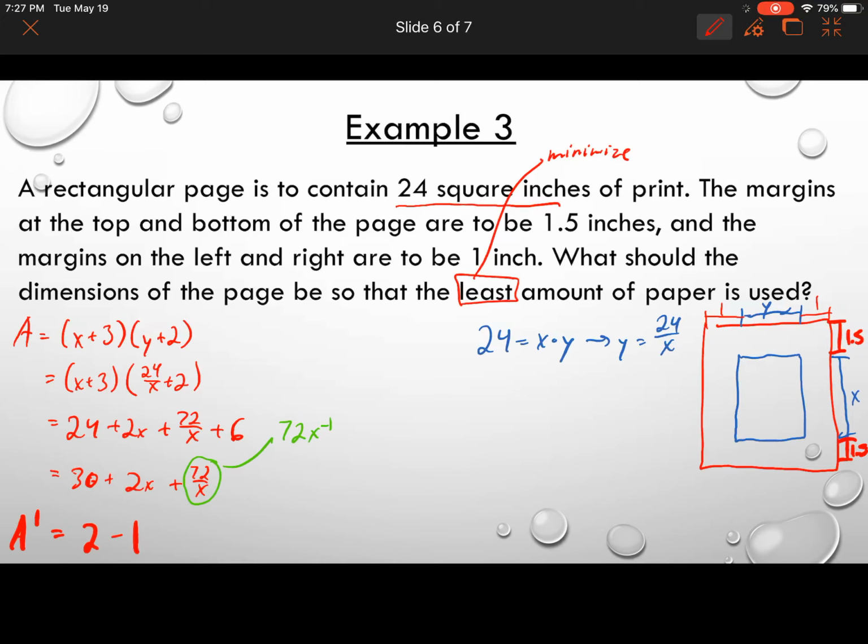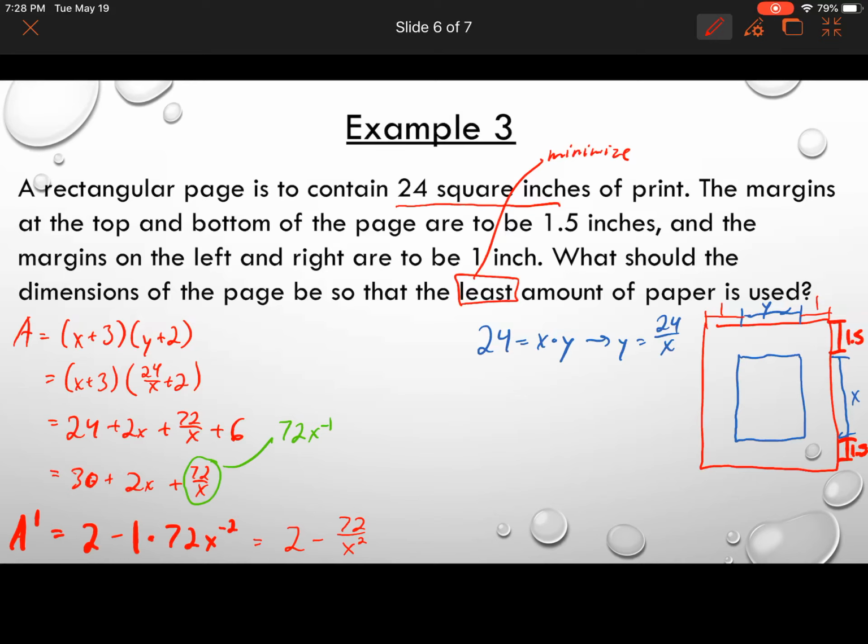So the exponent comes down, so minus 1 times 72, subtract 1 from the exponent, so x to the negative second. So I'm going to rewrite this as 2 minus 72 over x squared. Okay. So this is the function that we want to minimize.